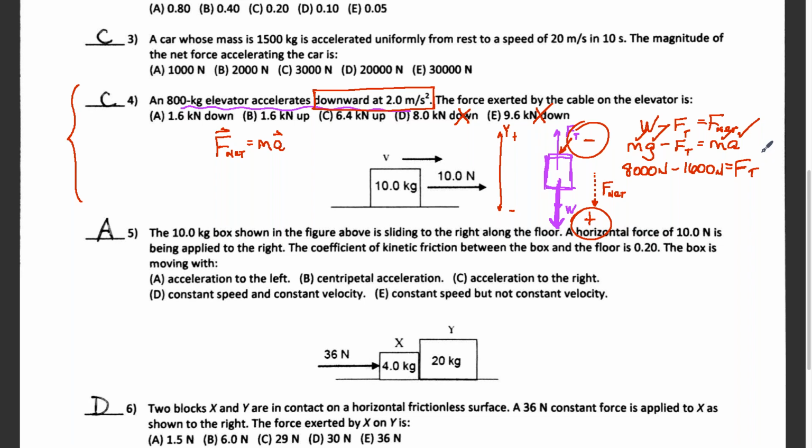So I get 6,400 newtons. Sorry, that's not my leftover force, that's my tension force. Then the only other part here is that they express these answers in metric prefixes. It's a bit uncommon to discuss this in kilonewtons, but we can see that's where answer C comes into play.